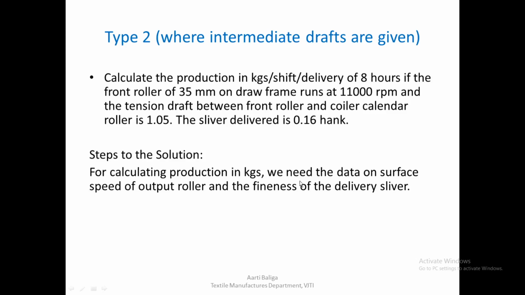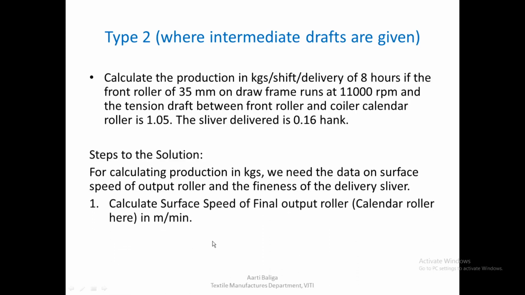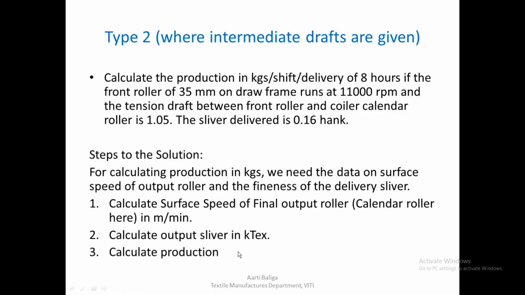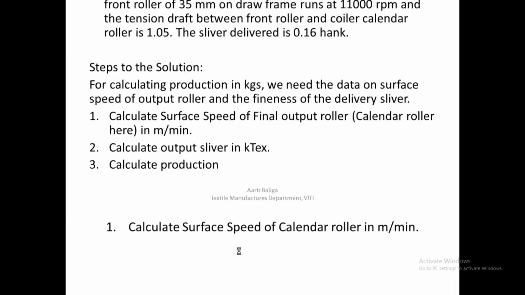We must also get the fineness of the delivery sliver, which is given to us directly, unlike the earlier problem where we were given feed sliver. Here we have been given the delivered sliver hank directly, so we just convert it into ktex and use it. The first step is to calculate the surface speed of the final output roller, that is the calendar roller, in meters per minute. The second step is to calculate the output sliver in kilotex, and then calculate the production using these two values.